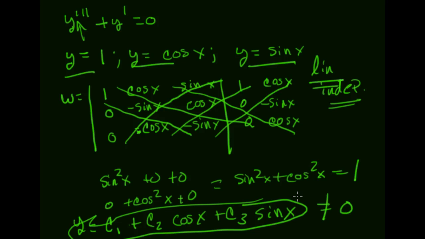All right, so this is how you use the Wronskian to at least create a general solution for a third order or an nth order homogeneous linear differential equation from a sufficient number of particular solutions. So there you go. It's another application of linear algebra, where we're leveraging this time the determinant. All right, there we go.